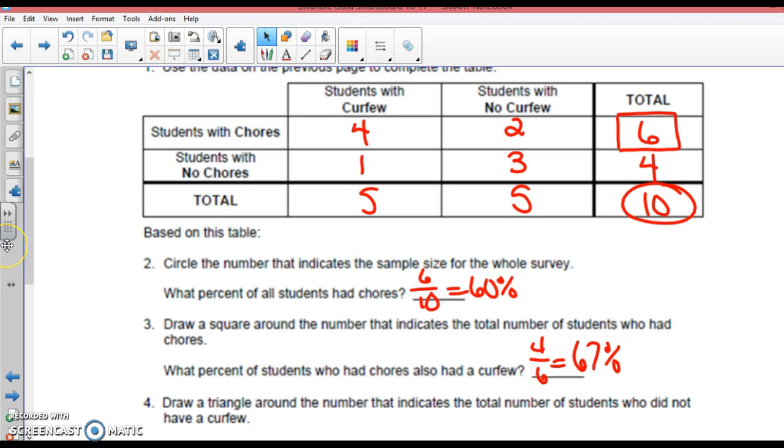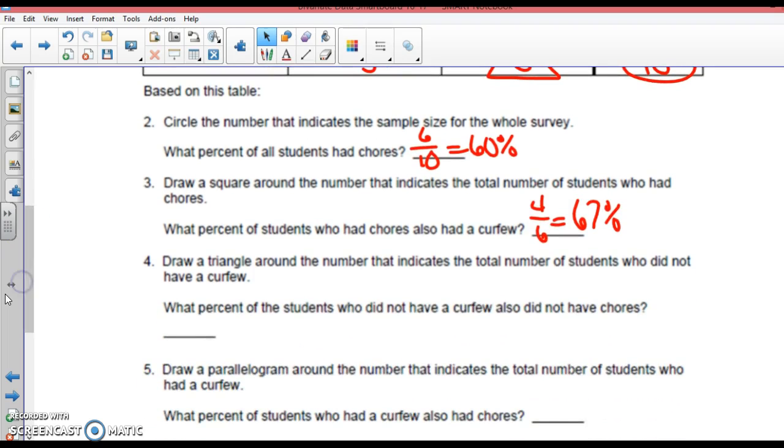Draw a triangle around the number that indicates the total number of students who did not have a curfew. Well, students with no curfew is right here. 5 had no curfew. What percent of the students who did not have a curfew also did not have chores?